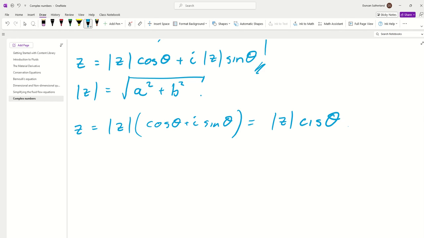The key result in complex numbers is that this form here is equivalent to an exponential form.